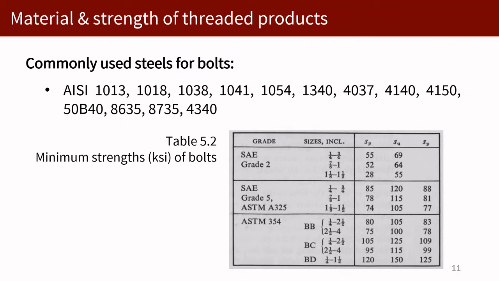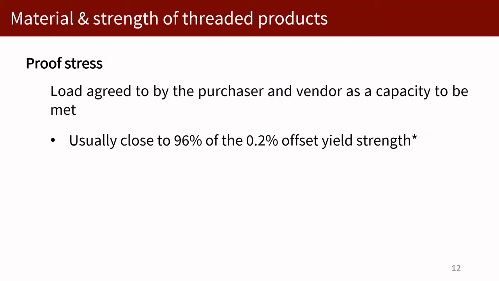So it is not the stress we find in the properties of a material. But if that is the basis, for example if we use the yield strength of this material, that is at the higher end of the capacity.